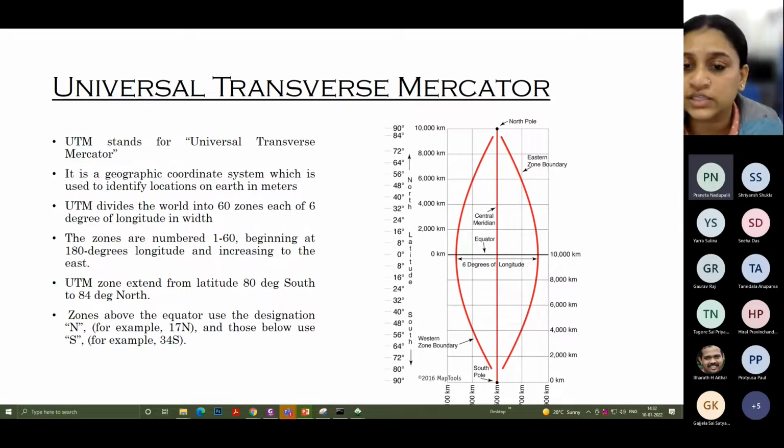The UTM zones extend from 84 degrees north to 80 degrees south. Zones above the equator have N as the designation, like 17N, and those below the equator have S for south.